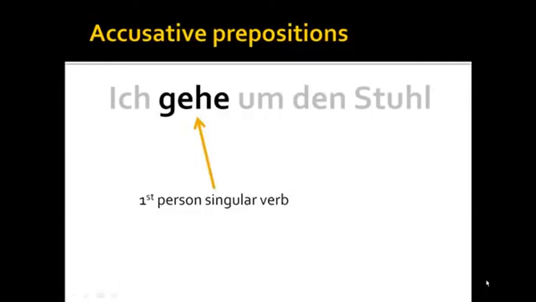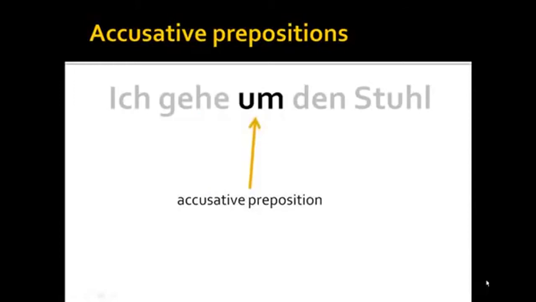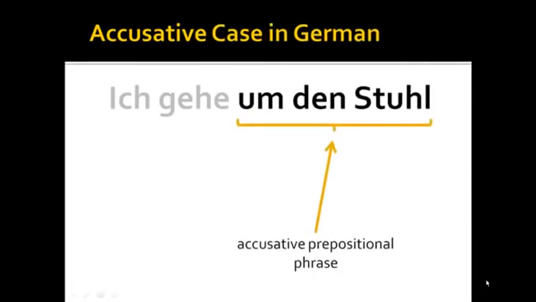However, I do have this accusative preposition. Ich gehe den Stuhl. So I'm going around. So in this case, it's not the verb that impacts the noun, but it's actually the preposition which forces it, as you'll see on this slide, into an accusative prepositional phrase.